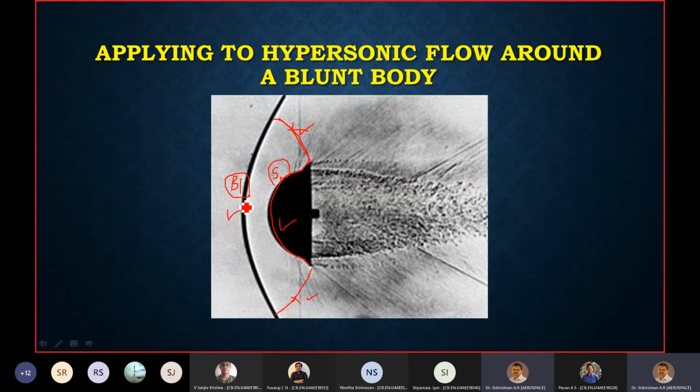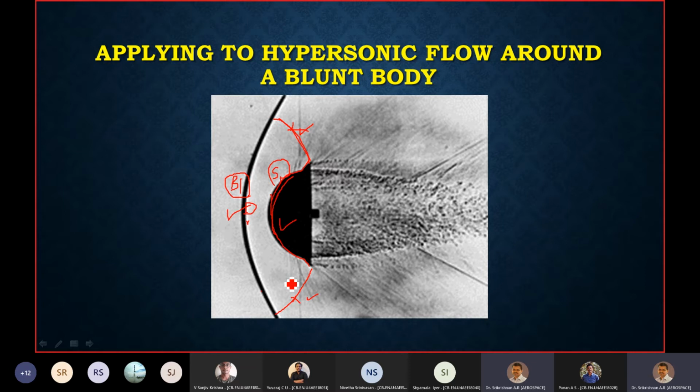So when I say applying boundary conditions, I am concerned about values at the shock, which means just after the shock, and at the surface, which means exactly on the body. These are the boundary conditions.